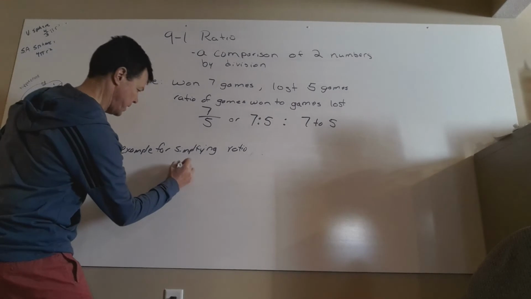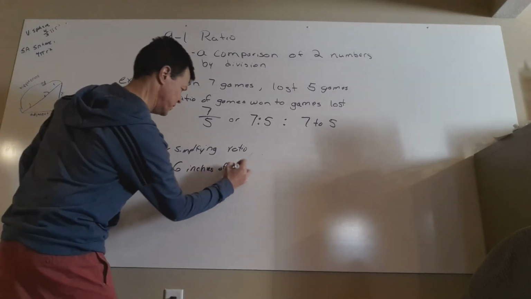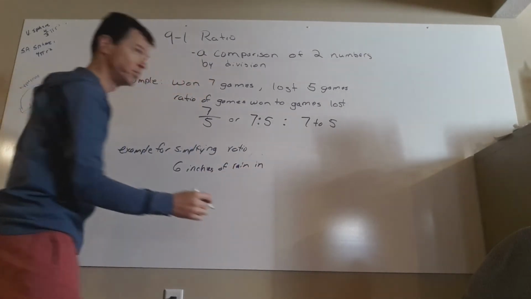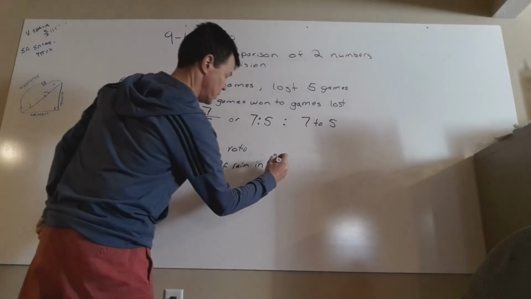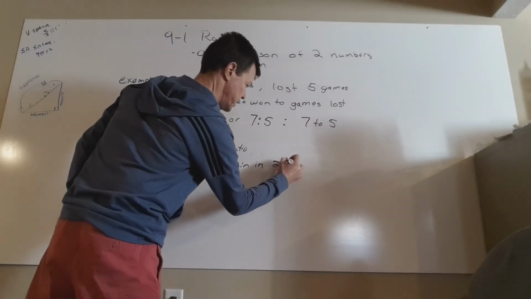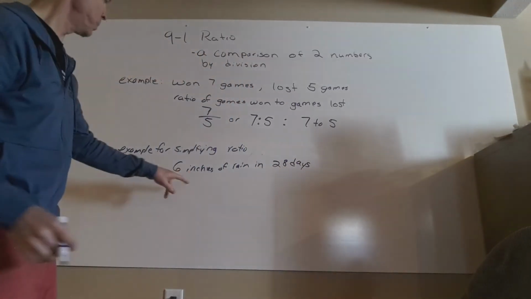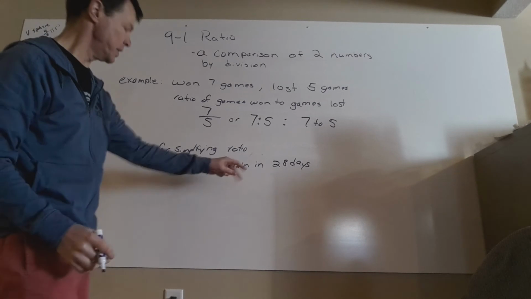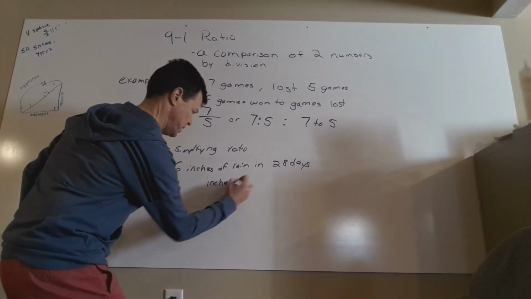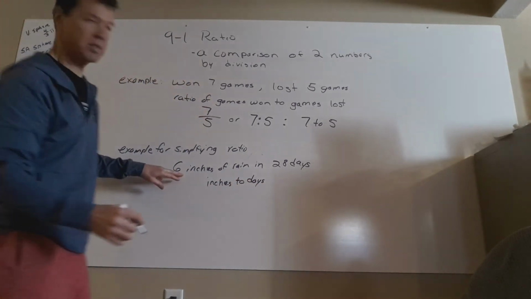Let's say we got 6 inches of rain in 28 days. If we were to write this in simplest form, inches to days, it's going to be 6 over 28.